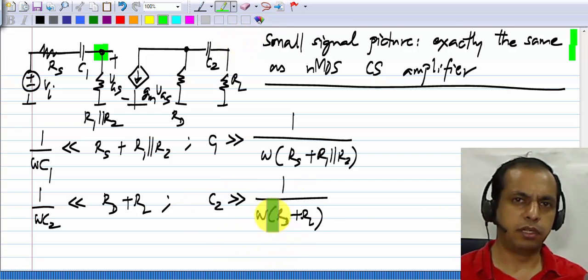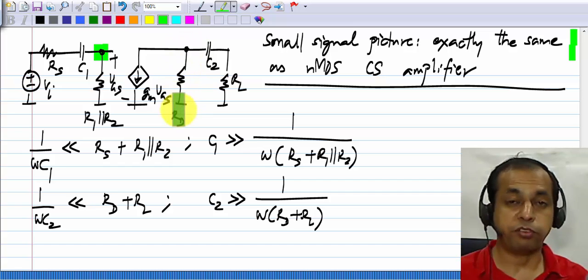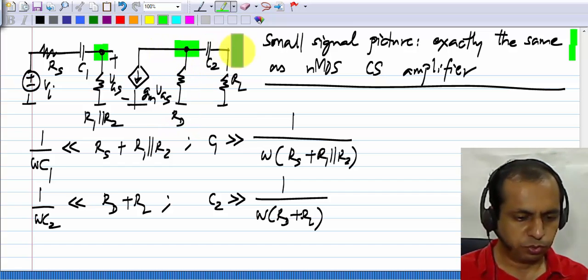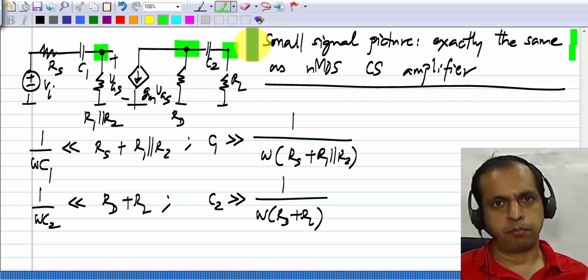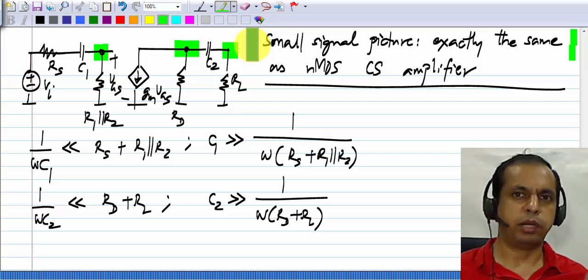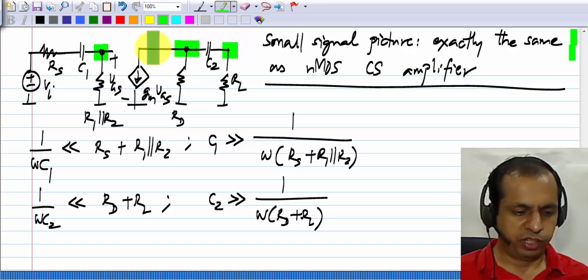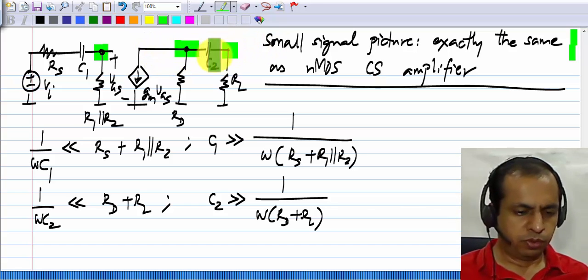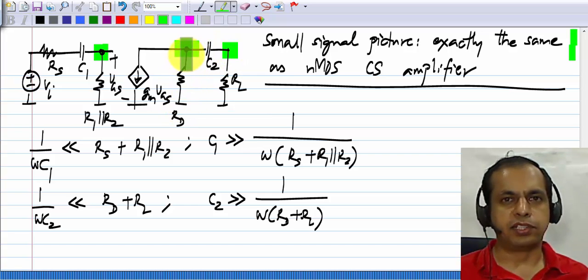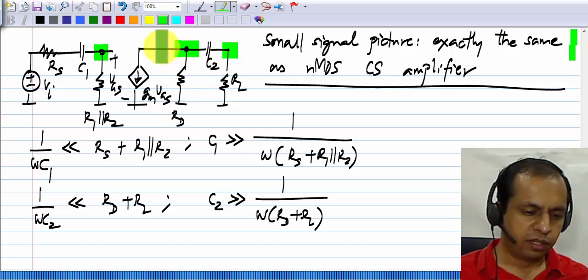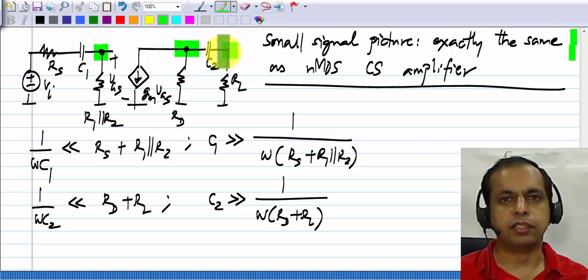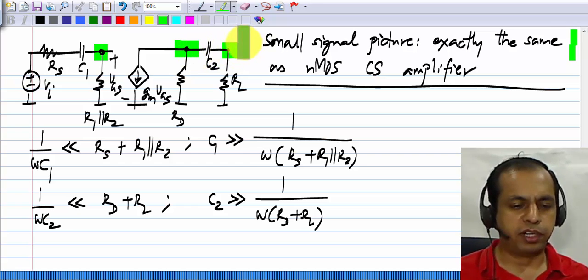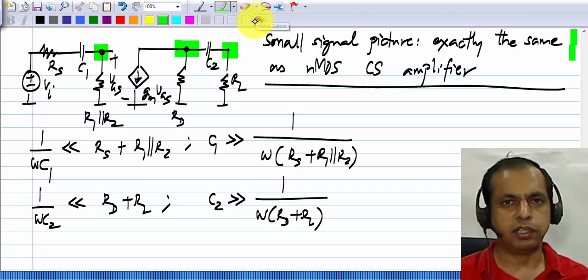But sometimes we also need an additional constraint, especially if the value of Rd is very high. We want this voltage and that voltage to be the same. From the discussion on swing limits, you know that what limits the swing is the voltage at the drain, not the output voltage. So if Rd is very large, you could end up in a situation where the voltage swing here is larger than the output voltage. If you have that, what it means is that the transistor will go into saturation for a smaller output voltage than you originally thought.